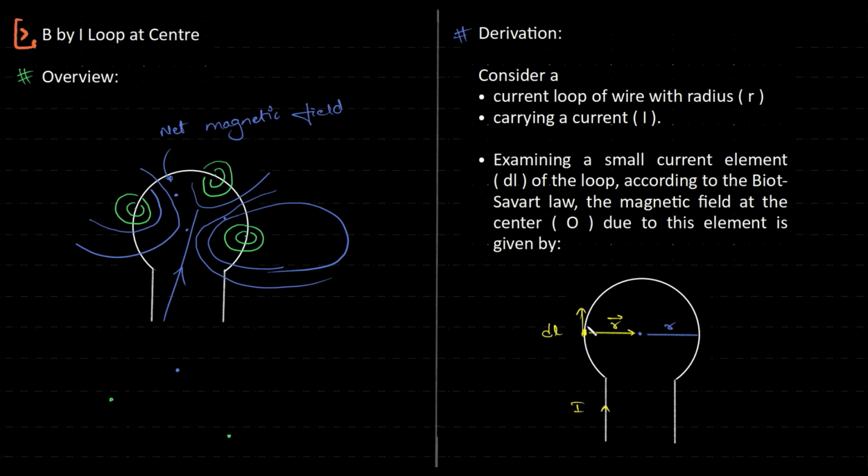And remember, dl and r are always perpendicular. Why? Because this is tangential. This is always a tangent. Again, these are extra bits of information that you need not write in the exam. So on and so forth.